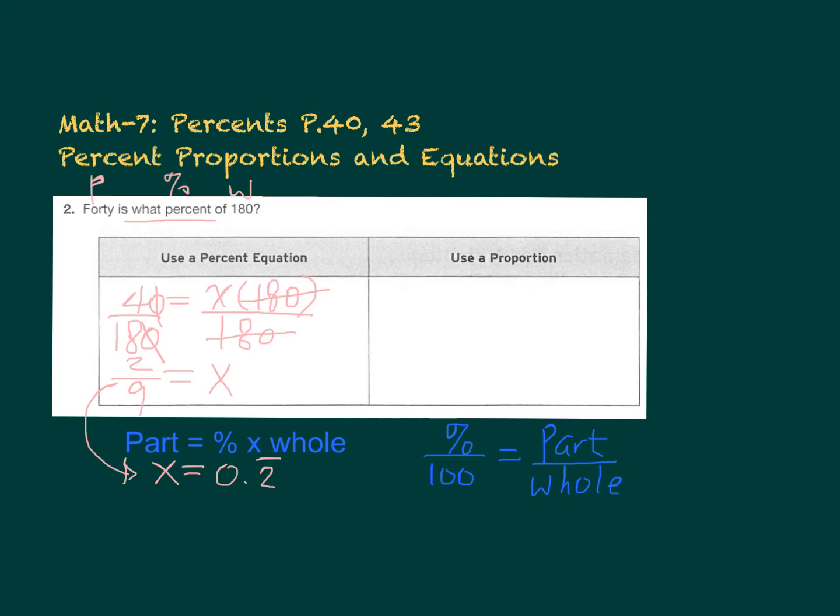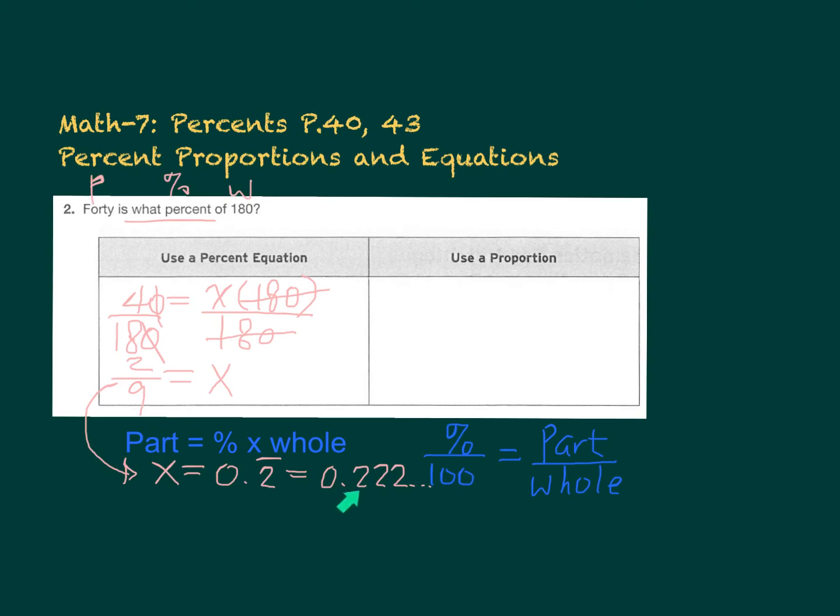It's going to be 0.22222 repeating. So let's just change this 0.222 as a percent. Okay, so when you change a decimal to percent, you would multiply this decimal by 100%.